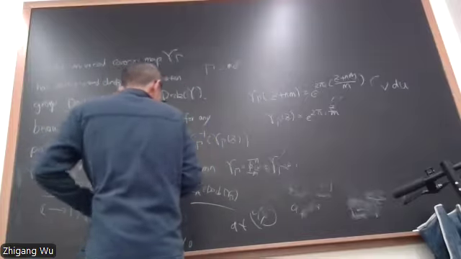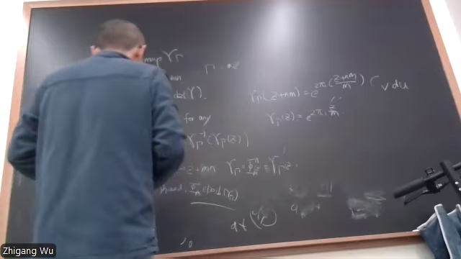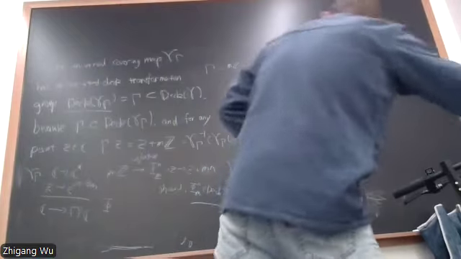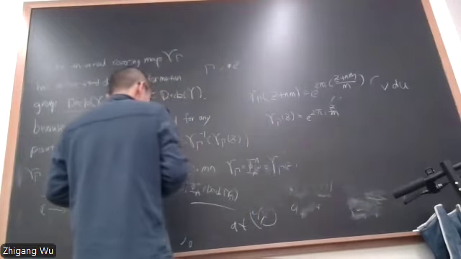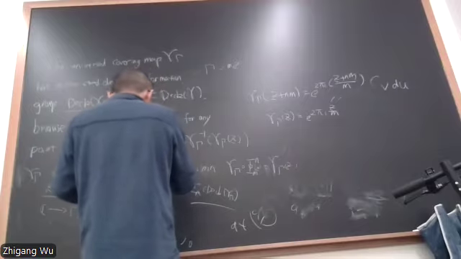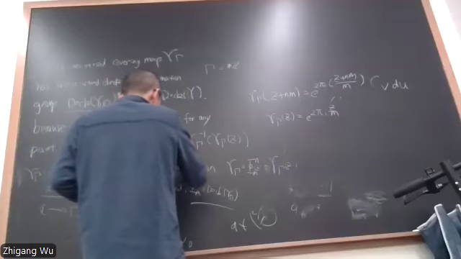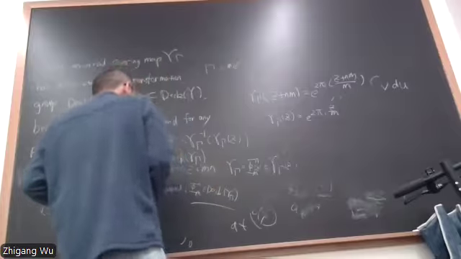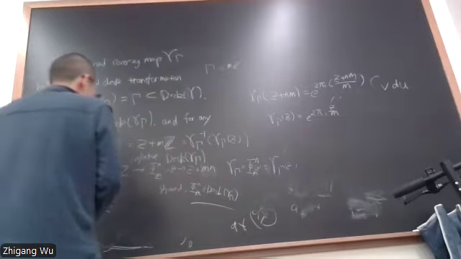Yes, I think it's better for me to just write the space mapping. For the space mapping, please map onto the space, the deck transformation group of this space.